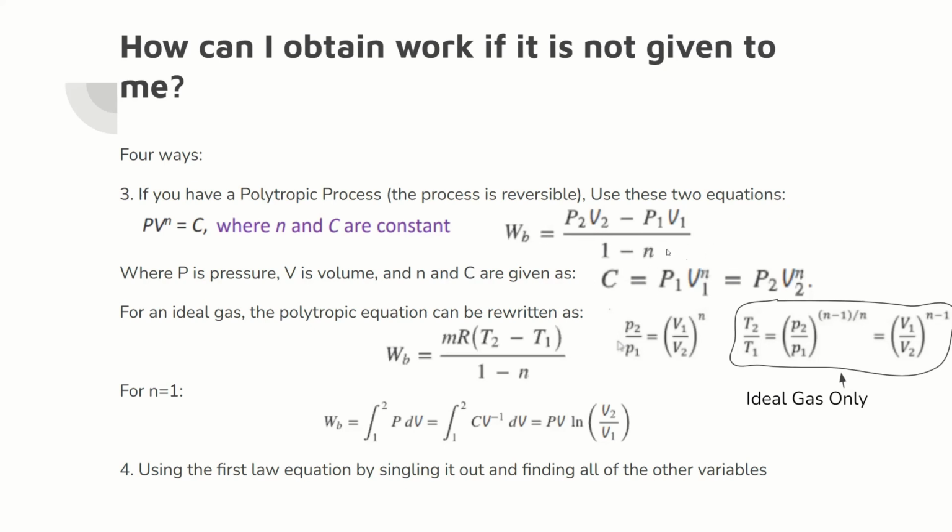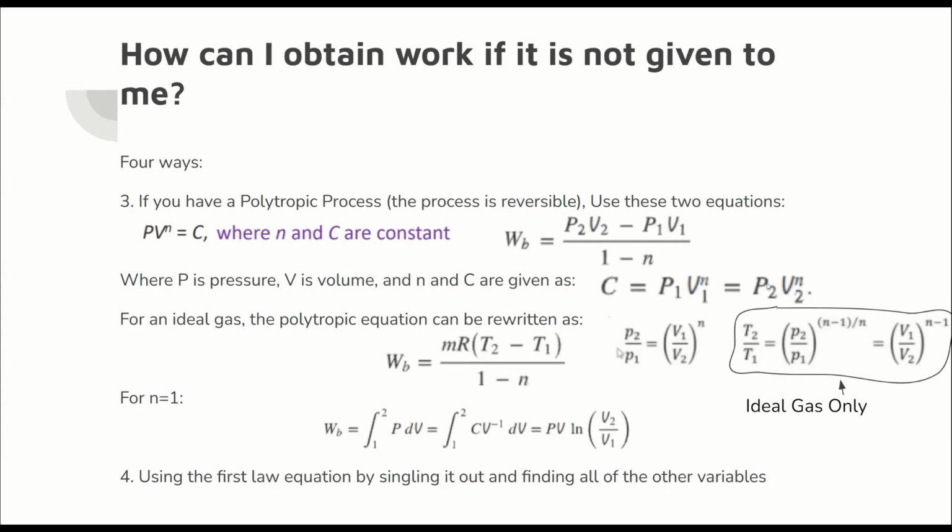We'll talk about that in a little bit. As well, since they're reversible, you can equate the pressure and volume in state 1 to the pressure and volume in state 2, with this equation where P1 times V1 to the power of n is equal to P2 times V2 to the power of n.